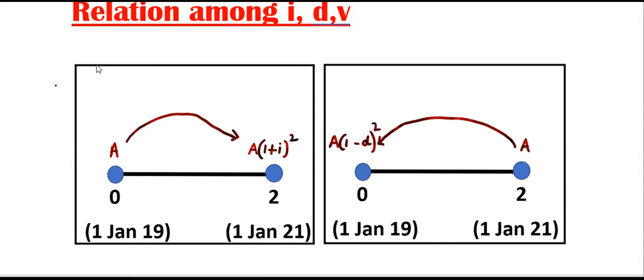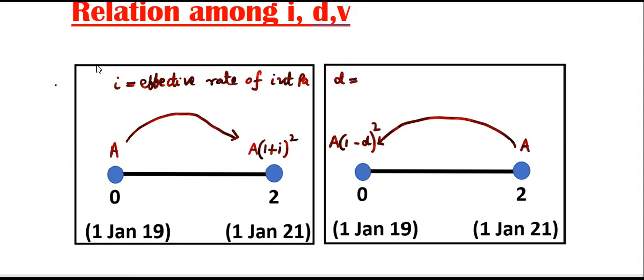Remember here, i is the effective rate of interest per annum. I've taken 2 years here.